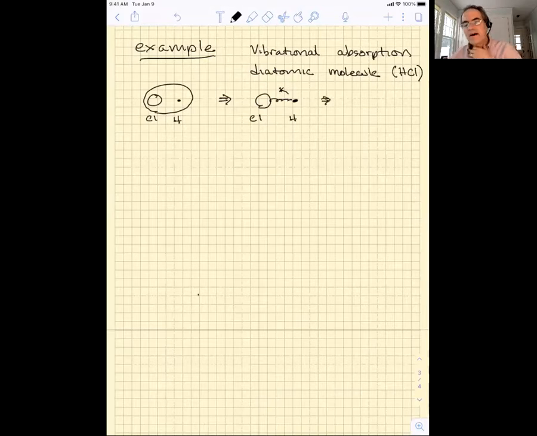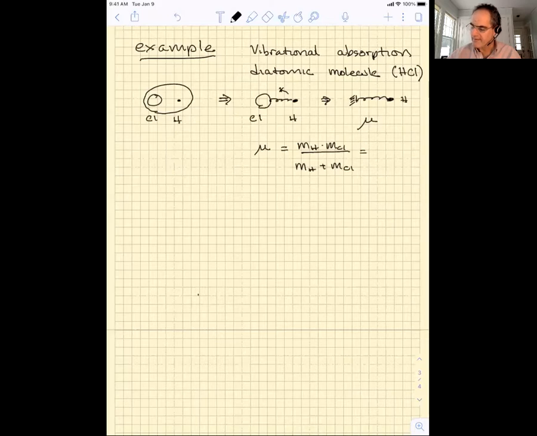In order to look at this more quantitatively, we can go one more step and cast this problem into center of mass coordinates. In the center of mass frame, it's as if the hydrogen atom were attached to an unmoving point by a spring, only the mass of the hydrogen atom should be replaced by a reduced mass, mu, where mu is equal to the mass of the hydrogen times the mass of the chlorine divided by the mass of the hydrogen plus the mass of the chlorine.